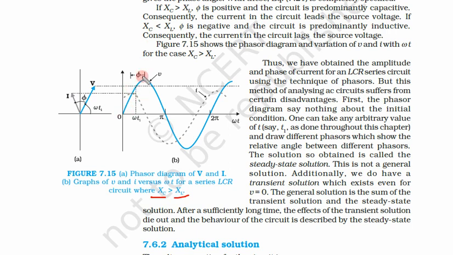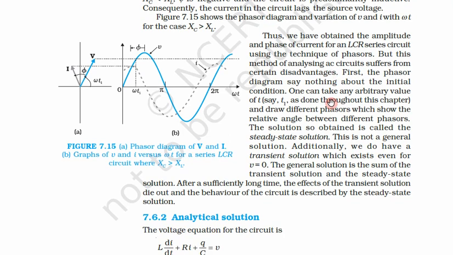In that case the voltage peak is here, the current peak is here. So the current peak comes at an earlier time and the voltage peak comes at a later time. So current is ahead of voltage because the circuit is capacitive in nature. In this way we found the solution.